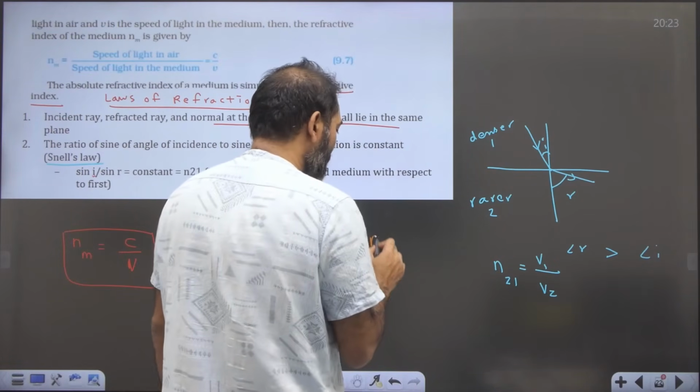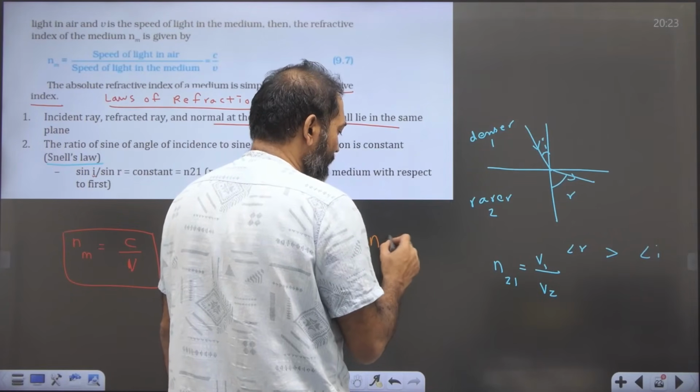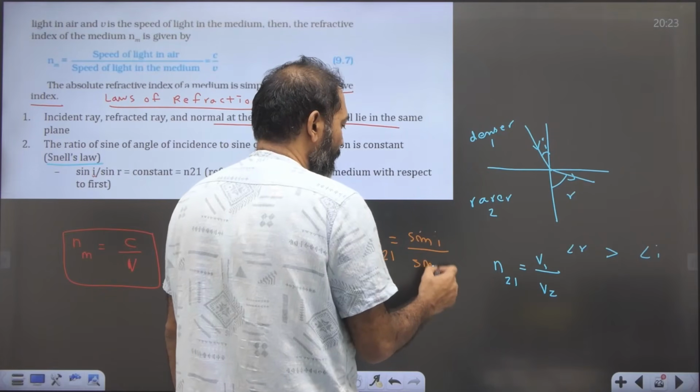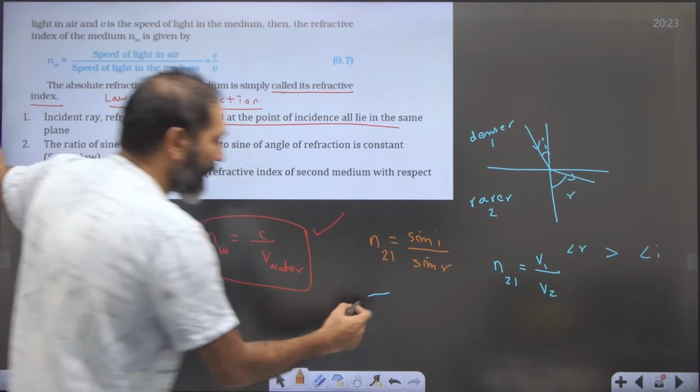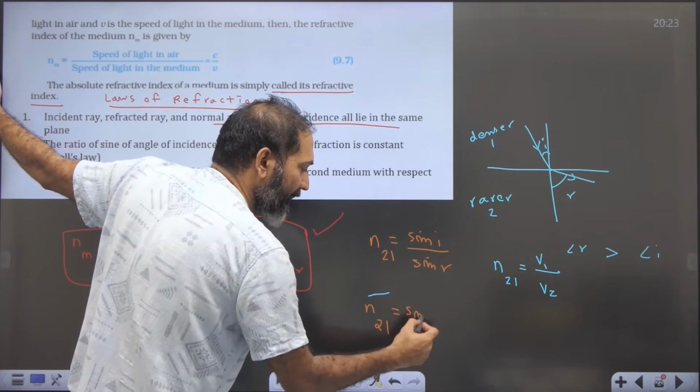So the refractive index of the reached medium, the second medium, with respect to the started medium, the first medium, is equal to sin i by sin r.